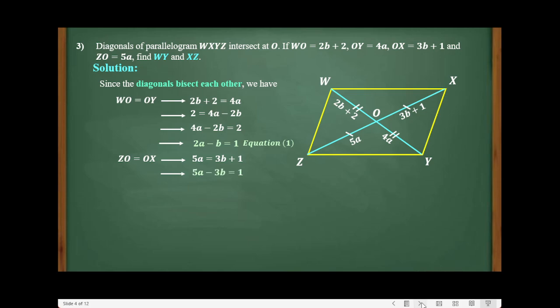Then we rewrite the equation, isolating the terms in A and B to the left, and we retain the constant term 1 to the right. At this point, we label this equation number 2. So we have just formed a system of equations in two unknowns A and B, and we can solve these two labeled equations simultaneously.